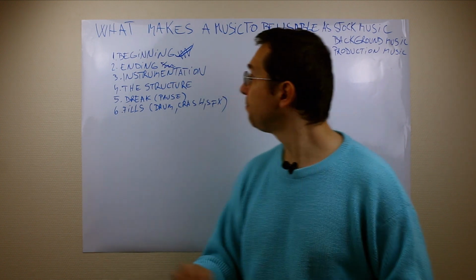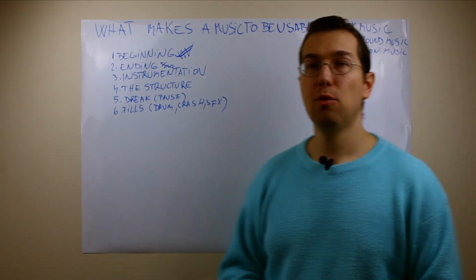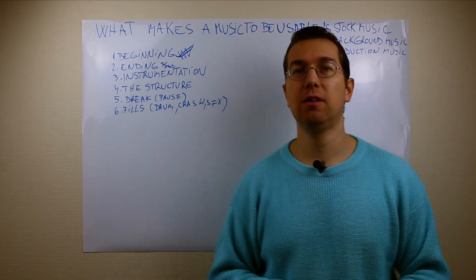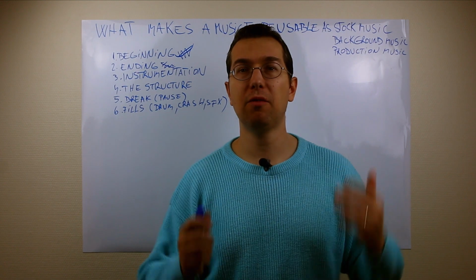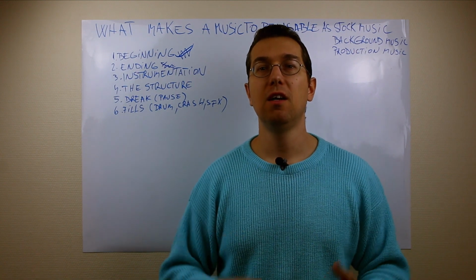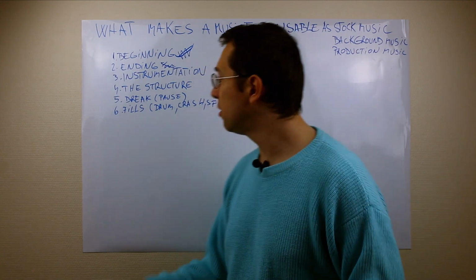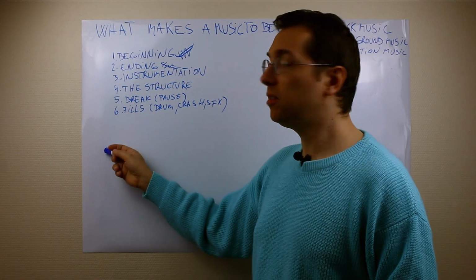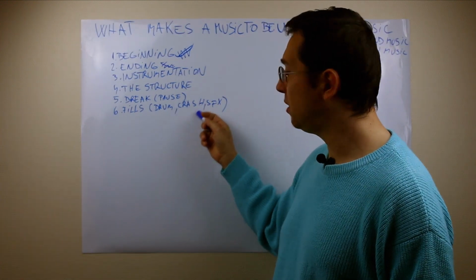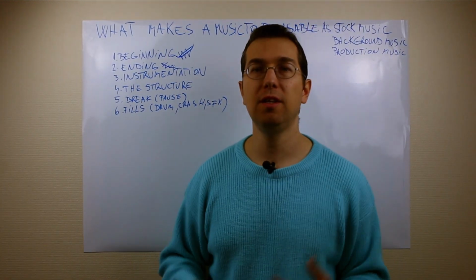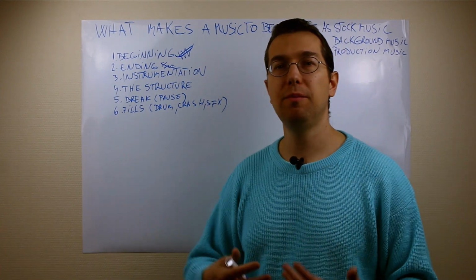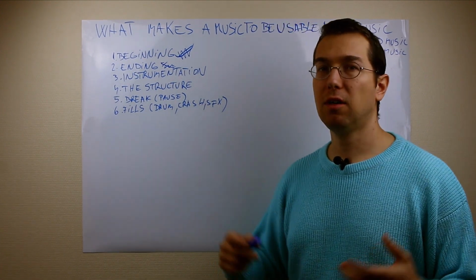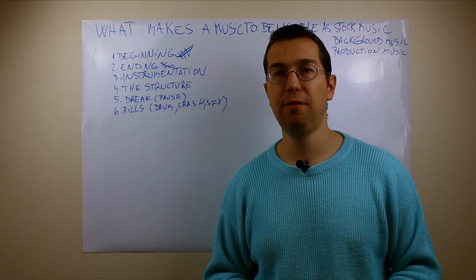The structure, well, the preferred structure of stock music, background music, production music is the slow build up. Starting from a point A until the ending point, slowly, gradually, very naturally build up. And this is what companies prefer.